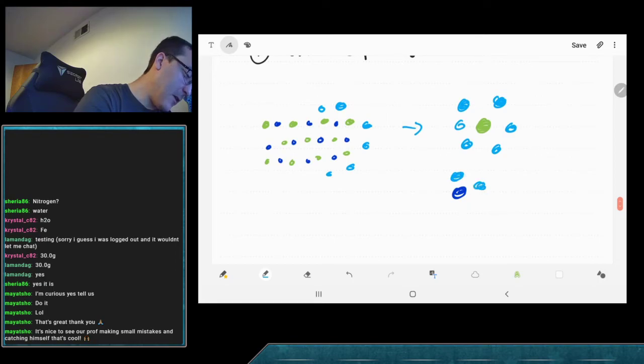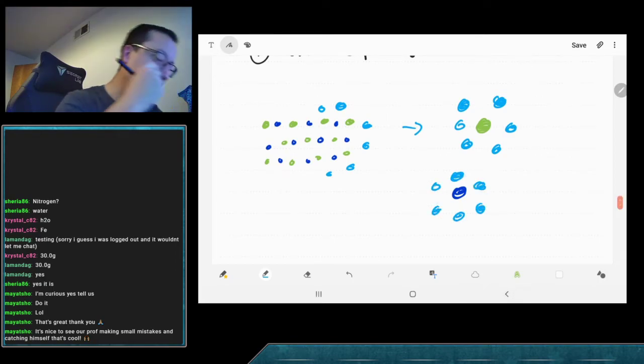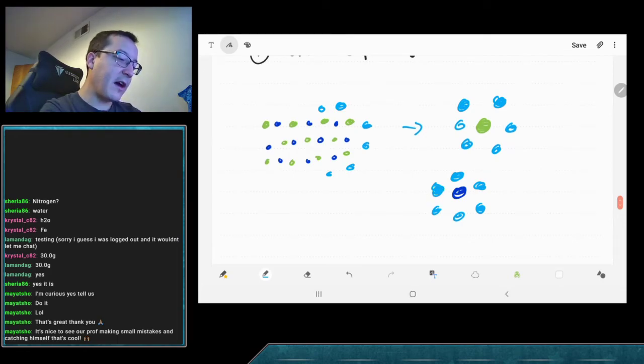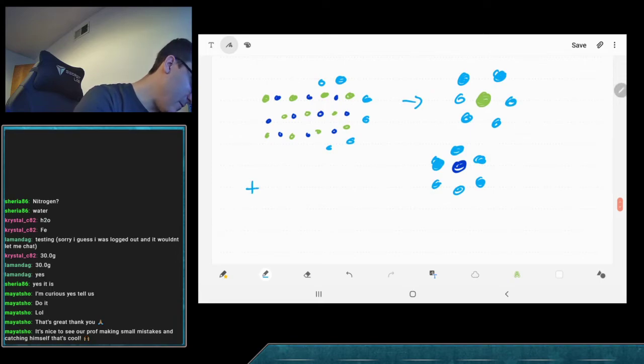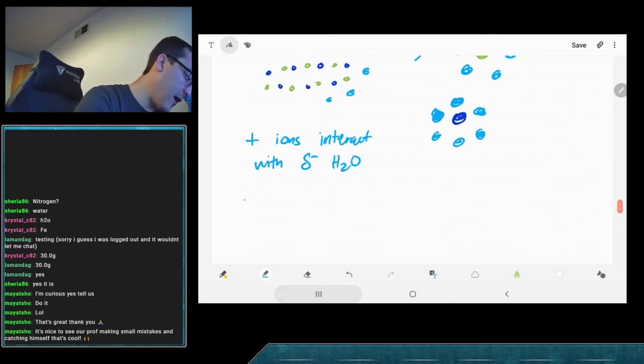Having all of these water molecules interact with our ions will make that ion dipole interaction, right? So positive ions are dealing with the negative half of water, and negative ions interact with the little positive part of water.